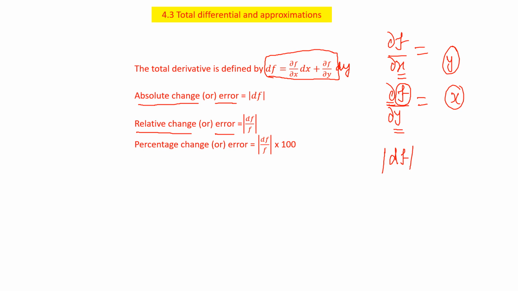To calculate relative change or relative error, I have to divide the total derivative value by f, and we have to take the absolute value. Finally, the percentage change or the percentage error is denoted by modulus or absolute value of df by f multiplied by 100. Since we are calculating percentage, we multiply by 100.